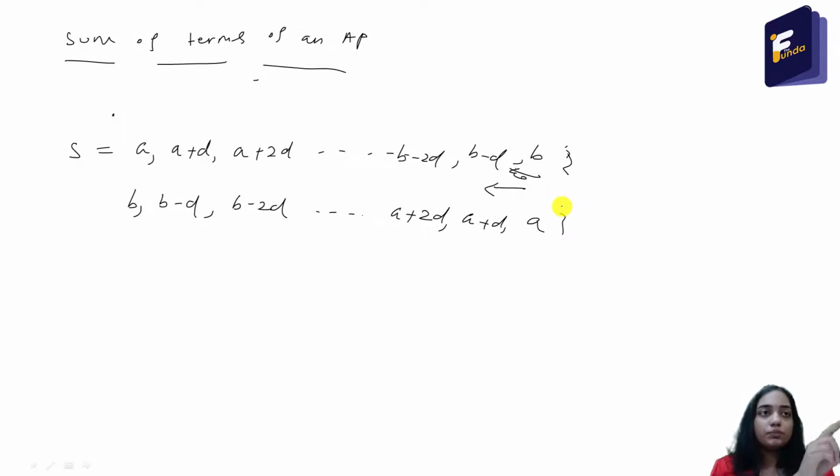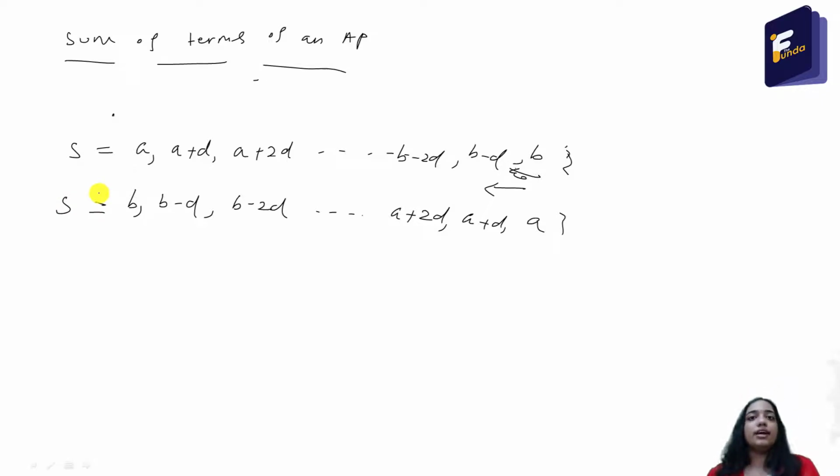After writing in reverse order, if I find the sum of the second series: the first series is S, so the sum of the second series will also be S, because we are just reversing the order of the numbers, so the sum remains the same.